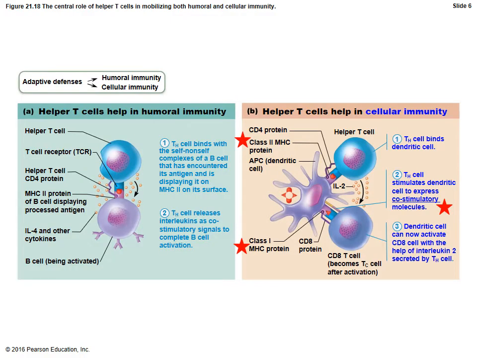So here's the same figure we saw previously, but now we're looking on the right-hand side, and we're taking a look at how the helper T cell is interacting with the cellular immune system. So once again, we have our little helper T cell. And then notice here how the helper T cell is making its recognition and its antigen binding with its class 2 MHC, which we expect.